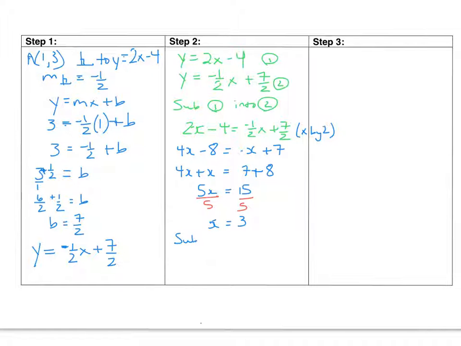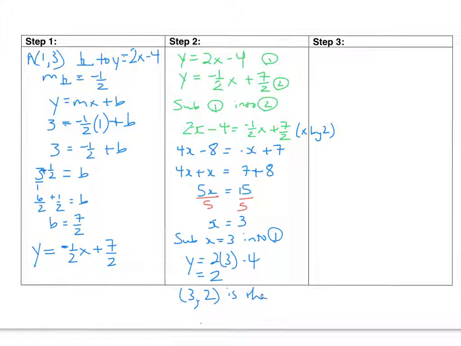I'm going to sub that into the given equation. So sub x = 3 into 1, and I get y = 2 times 3 minus 4. That's 6 take away 4, which is 2. So (3, 2) is our point of intersection.